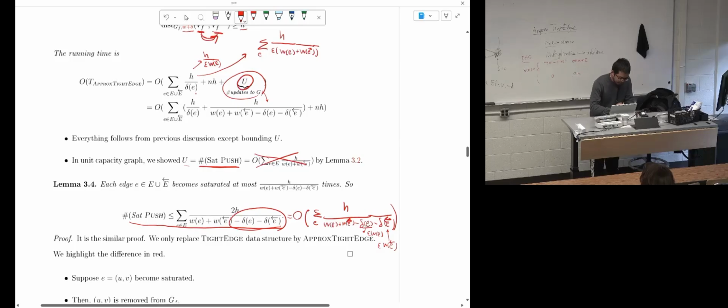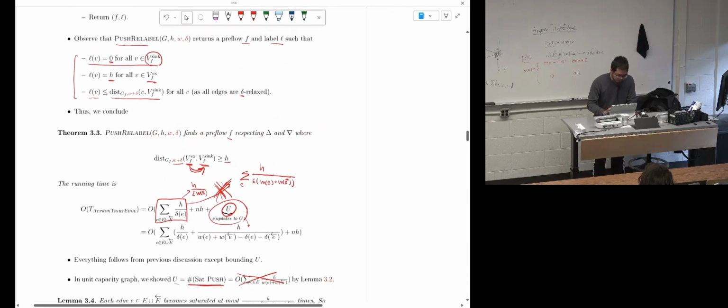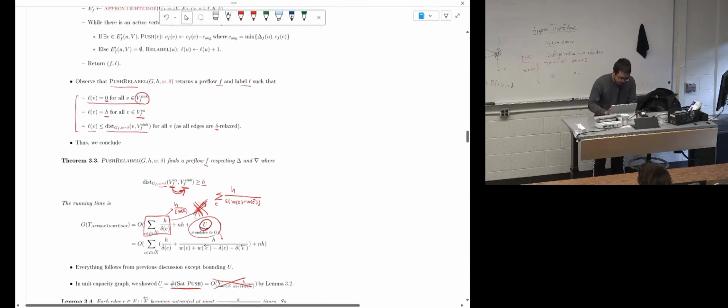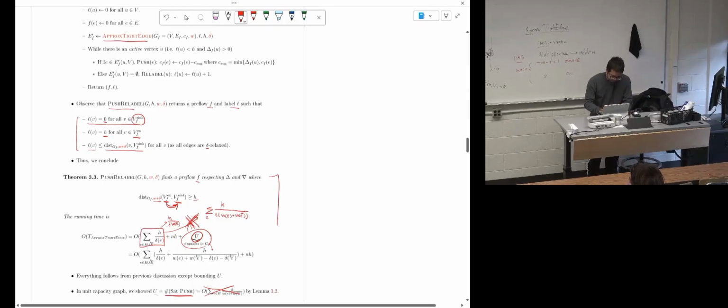What matters is that this term, I cannot improve to this one. This is wrong. Okay, so this is the running time for push level when you use the Approx TightEdge Data Structure.